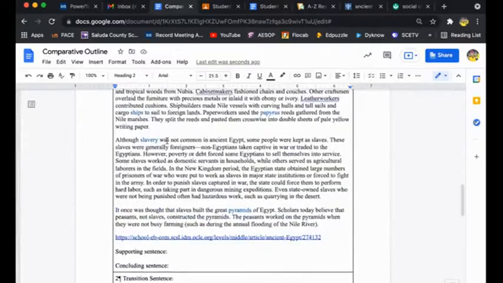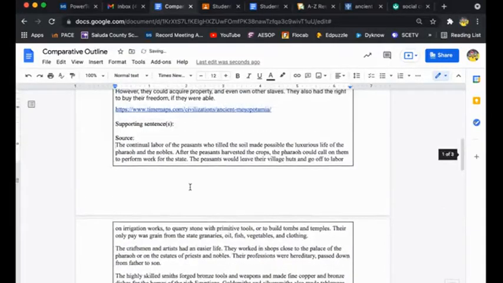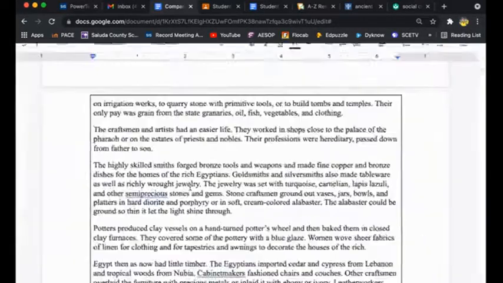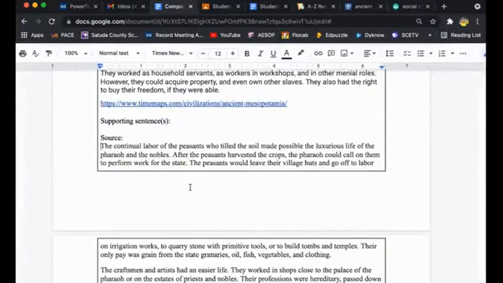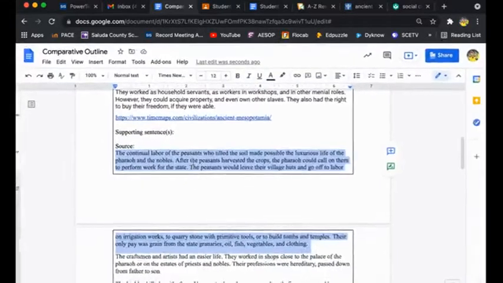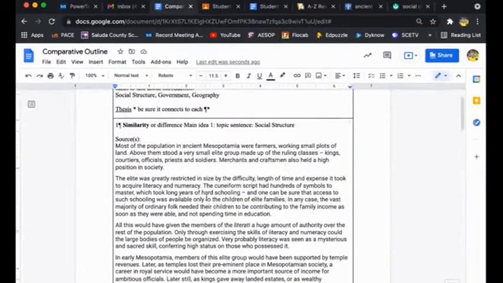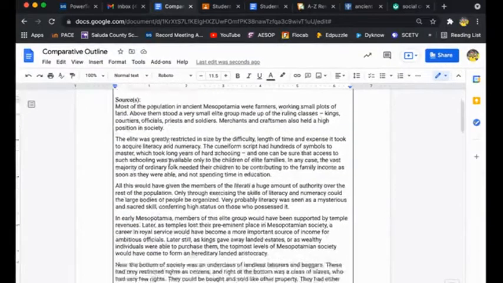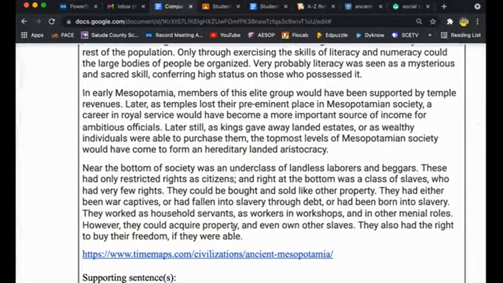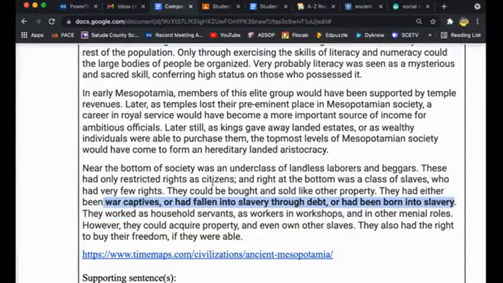So I would read this and try to think of what makes this either similar or different compared to this. Alright. So for example, if I was making a case for some type of similarity, I could talk about how they had slavery. But they were also saying it wasn't just war captives, it was also people who fell in debt.